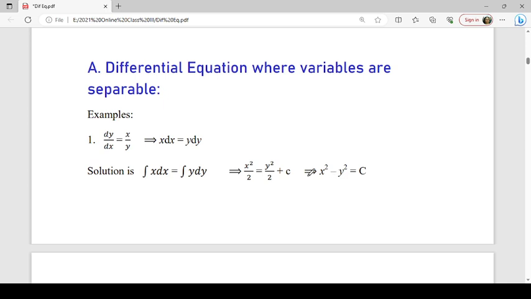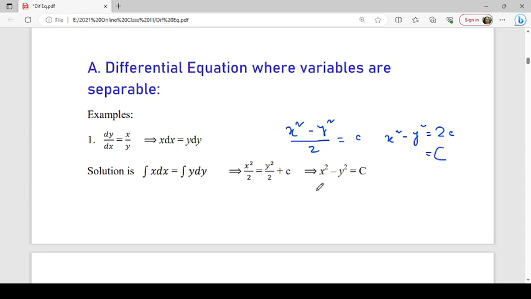Then x square minus y square is equal to 2c, and in place of 2c we write capital C. So this is the solution of the differential equation.